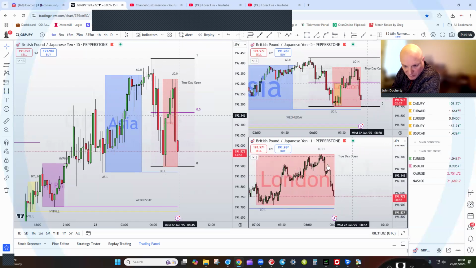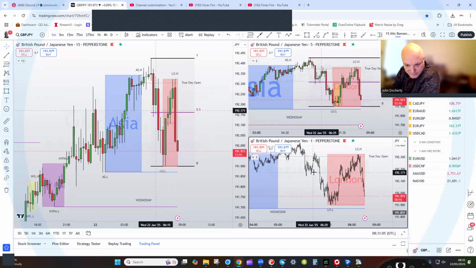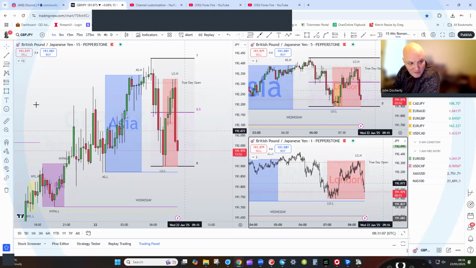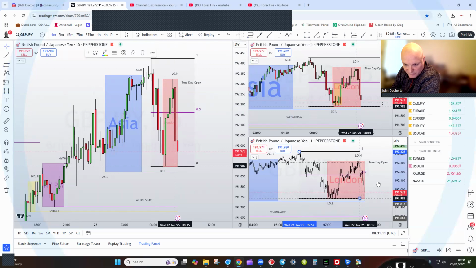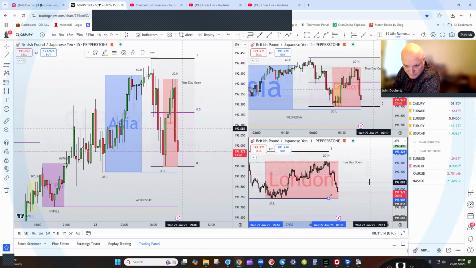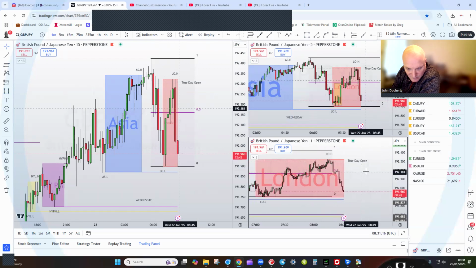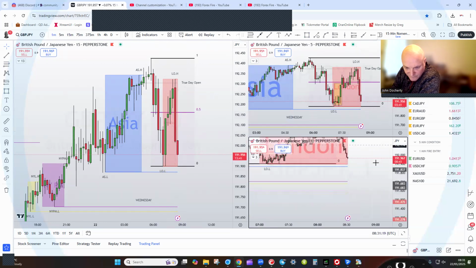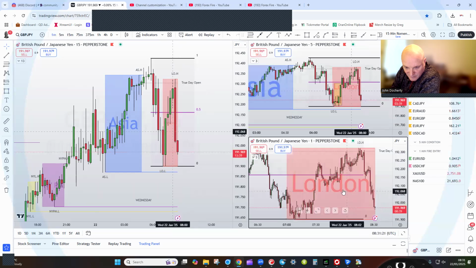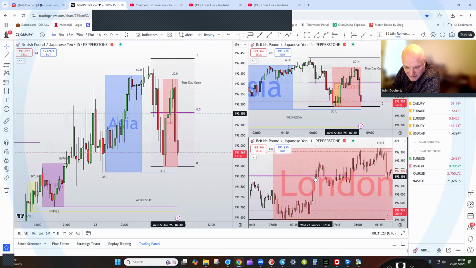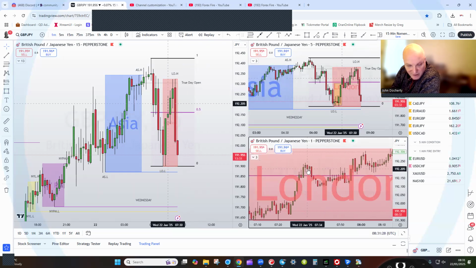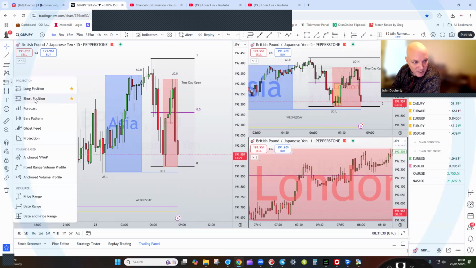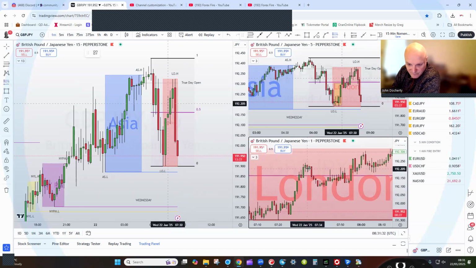So as we come back up, we're looking for the bullish candle followed by the bearish engulfing. We can clearly see there's the 50% touch. Bullish candle, there's the bearish engulfing there. So there would have been a setup on here that we've missed. That would have been your setup.